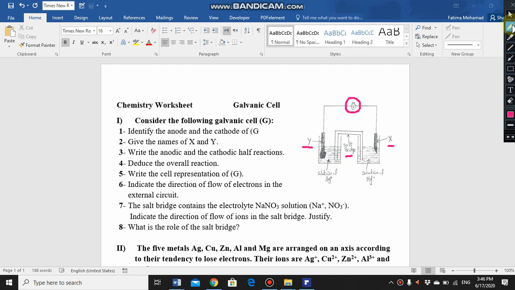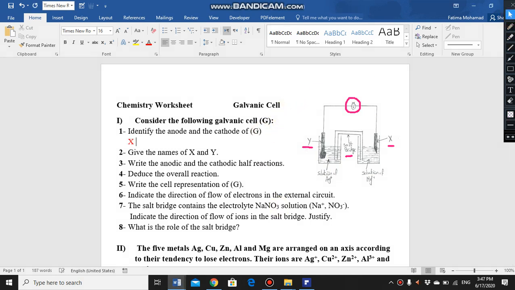Identify the anode and the cathode of the cell. X is the anode, since it is getting thinner.